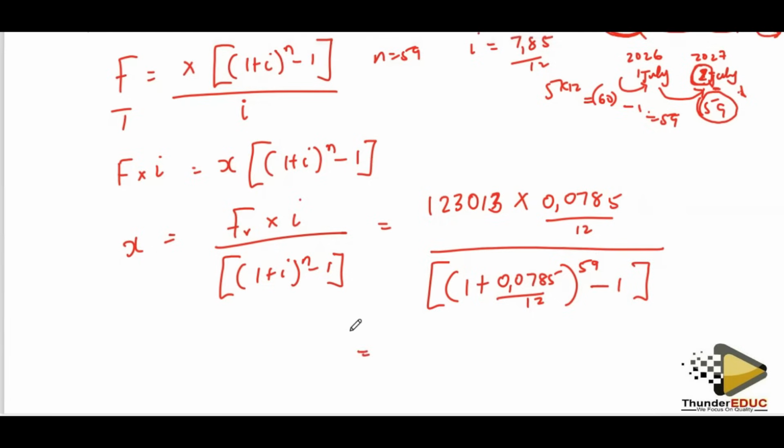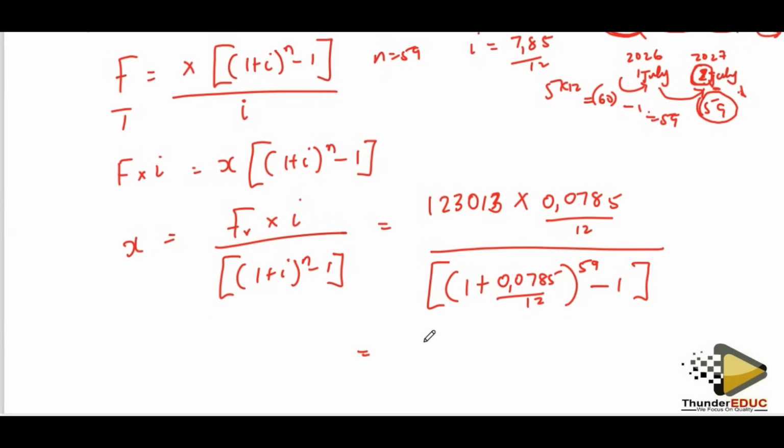Okay, so when I punch this into my machine, 123,013 times 0.0785 over 12, over 1 plus 0.0785 over 12, closing this bracket, to the exponent of 59, and then I'll subtract my 1.